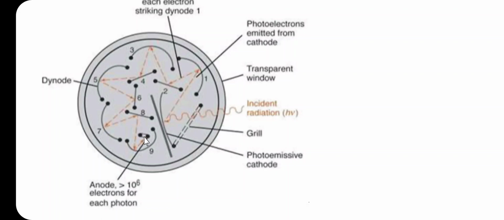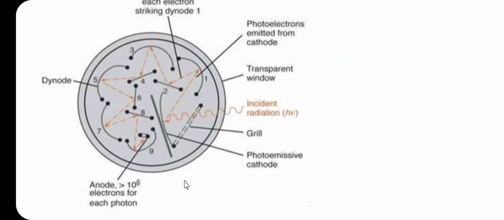The resulting current is then amplified and measured by the readout device. What is important is that the magnitude of the current is proportional to the radiant power of the radiation that strikes the photocathode, and the overall amplification factor of the photomultiplier tube is about 10 raised to 6.